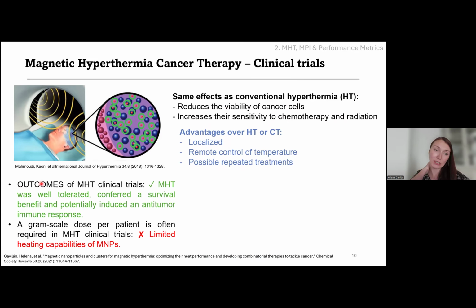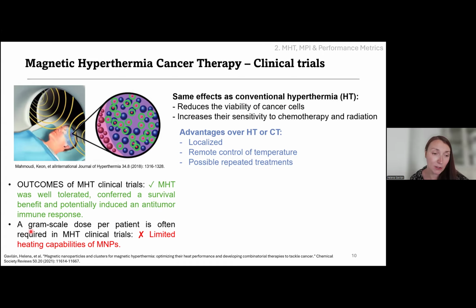There were some clinical trials in the past decades. We know that magnetic hyperthermia was well tolerated, conferred survival benefit, especially when combined with radiotherapy or chemotherapy, and induced an anti-tumor immune response.